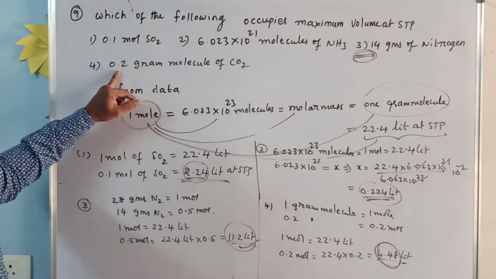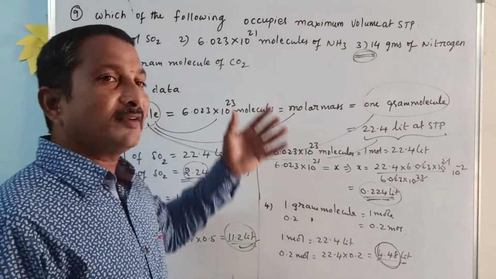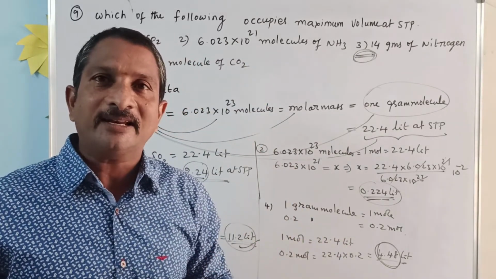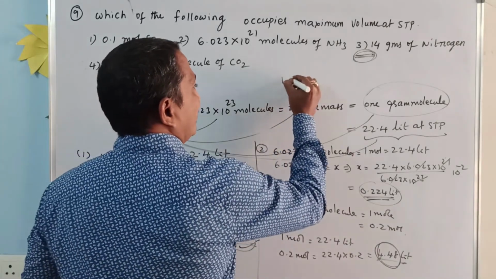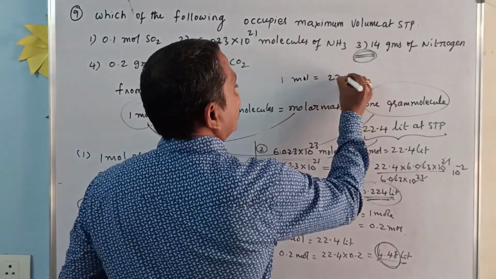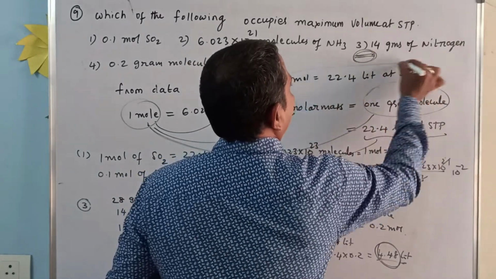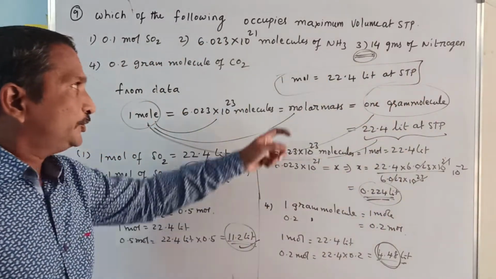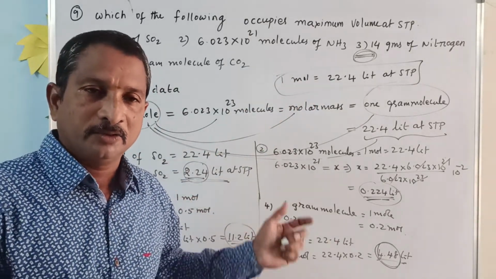This value is in gram molecules, which should be changed into moles. Why? Because 1 mole is equal to 22.4 liters at STP. Using this relation, we can calculate volume. Clear? Note down.